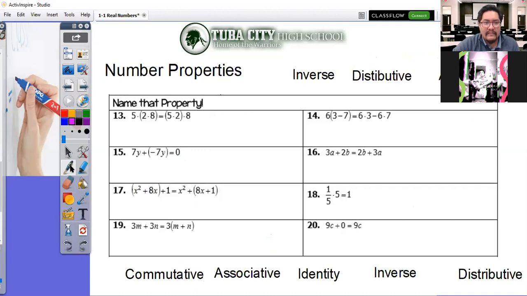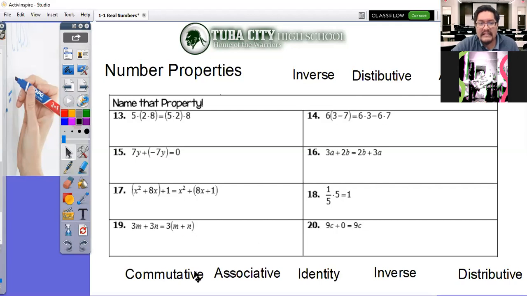Name that property. So let's look at what's going on here. We would read this as 5 times the product of 2 and 8, because this parenthesis says we should do it first. Now, we're not trying to evaluate this answer. We're trying to get the property that it's showing. But let's look at the order: 5, 2, 8, 5, 2, 8.